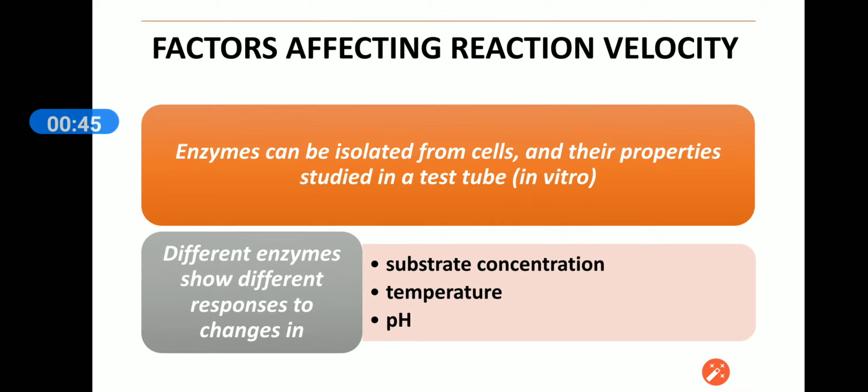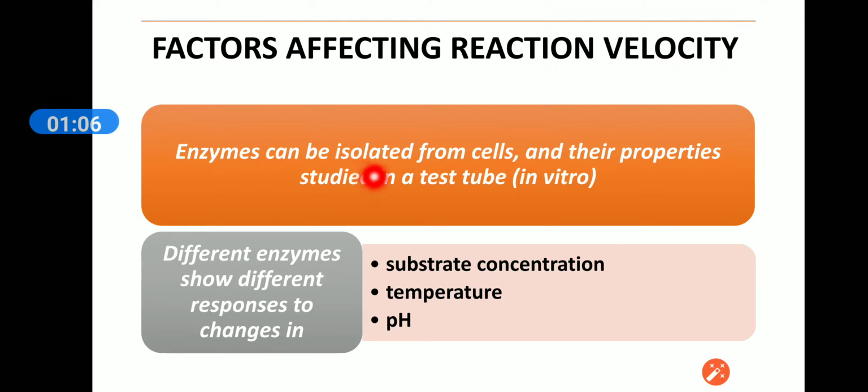In this particular branch of science, we assess the reactions in the laboratory as if they are happening in the body. For this, we use the terms in vivo and in vitro.